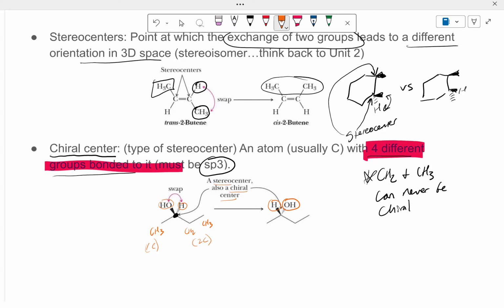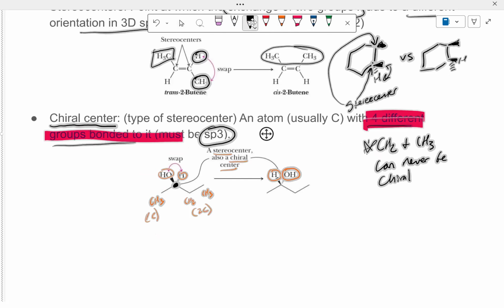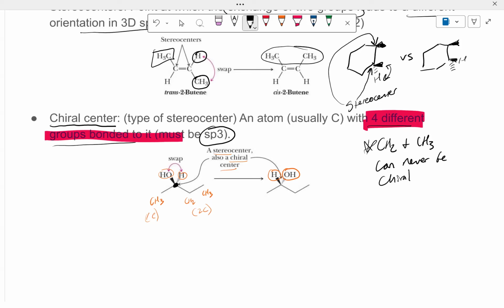Now, one thing I want to highlight before moving on, some kind of notation. So we're going to be using these dashes and wedges a whole lot. And one thing I want to point out is that it's quite common to see something like this, where one group on that carbon has a wedge to it. So in this case, a solid wedge.